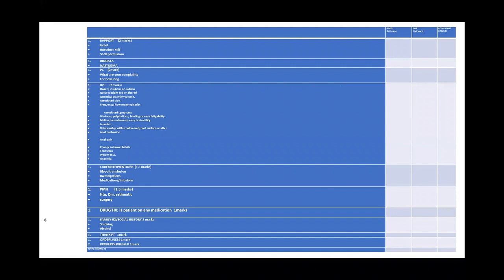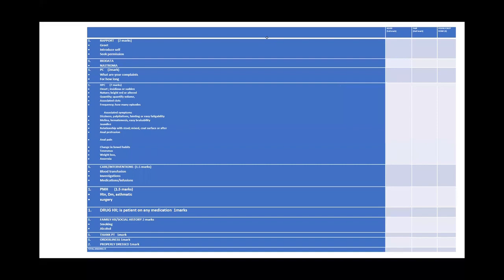The first step is to create rapport with the patient, which is you greet the patient, you introduce yourself. My name is so and so, and for the purpose of this exam, I was asked to take a history of bleeding from you.